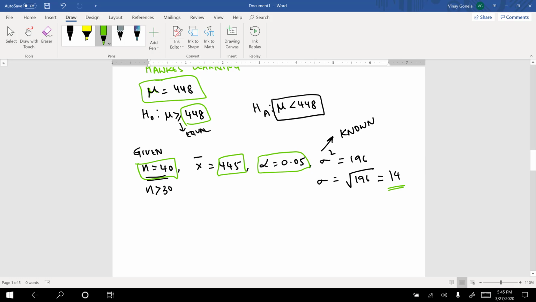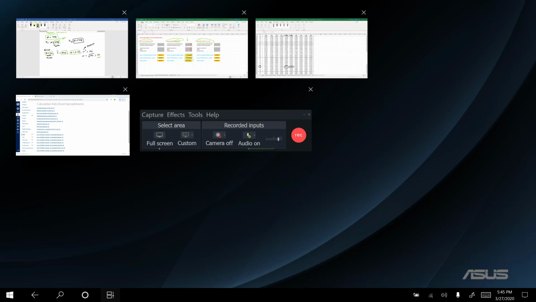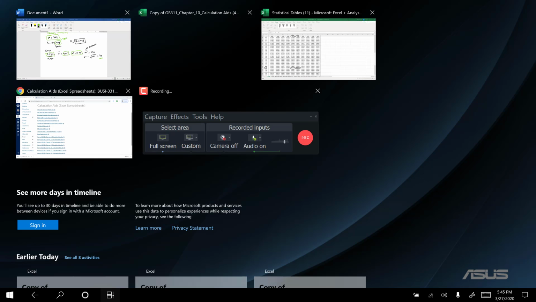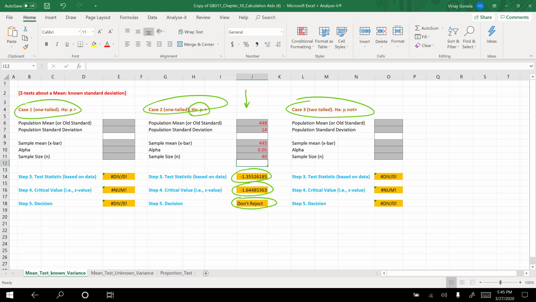So we don't reject, that means this statement is true. So let's read both statements. So that means they are overfilling or they are filling according to what it should be filled.